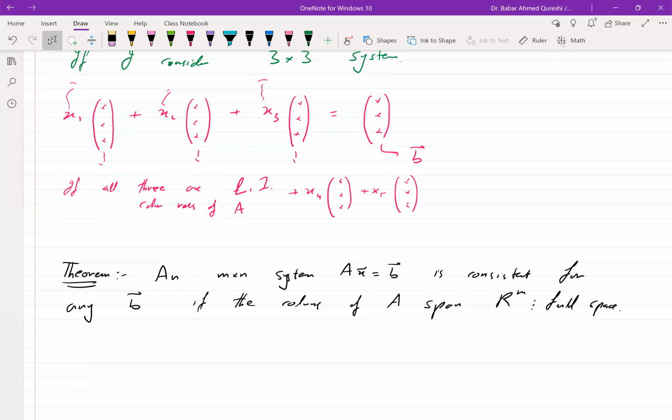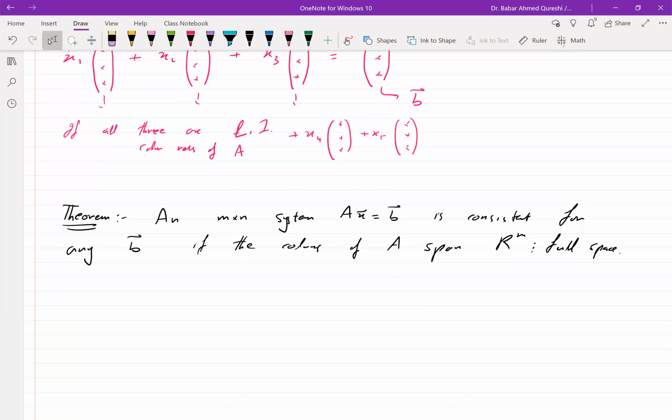But if you have a span, you have a span. If you have a spanning set, you can make any vector out of them. So if you want your system to be consistent for any B, then the column vectors of A had better be a spanning set of Rm. It's kind of obvious. So the proof is obvious.